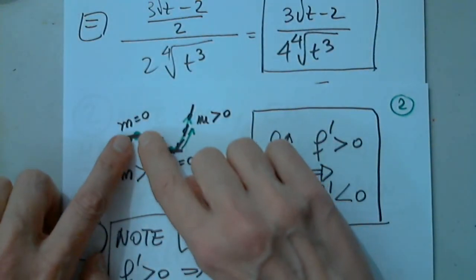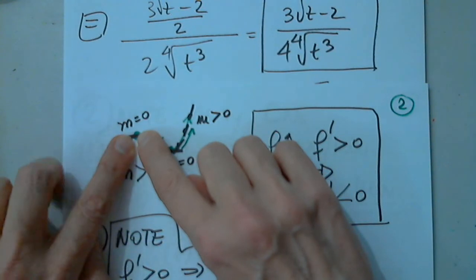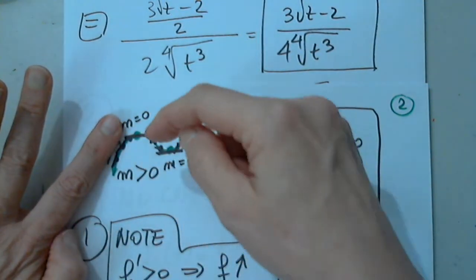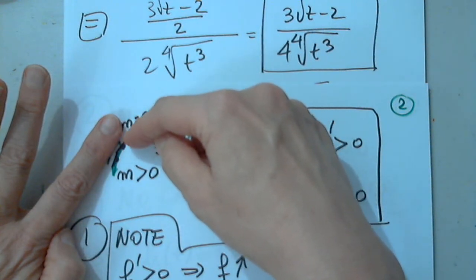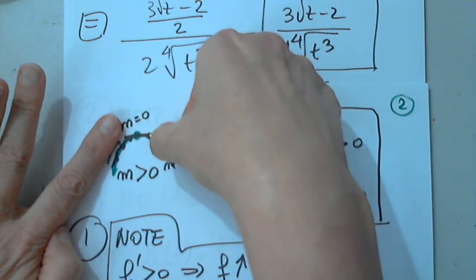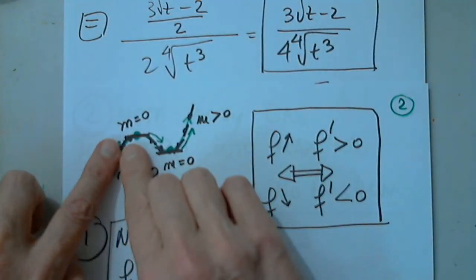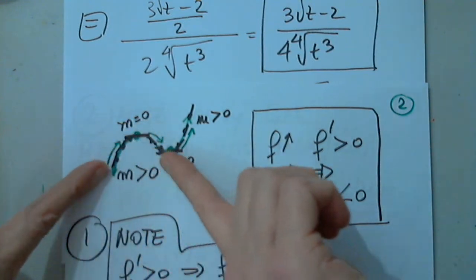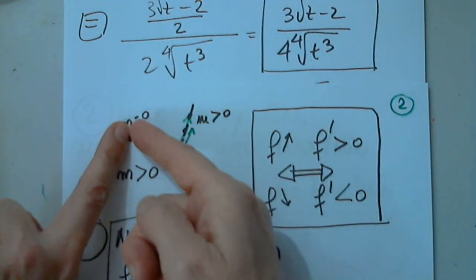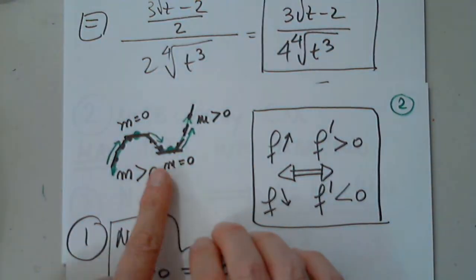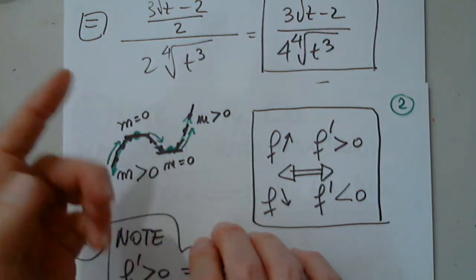So, for a max, what is the situation? Positive derivative, zero derivative, negative derivative, or positive derivative, undefined derivative, not zero but undefined, and negative. What is the situation for a minimum?